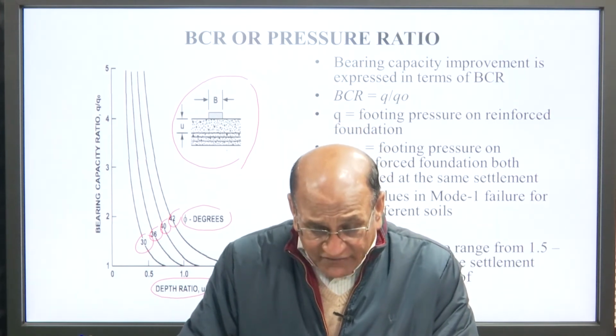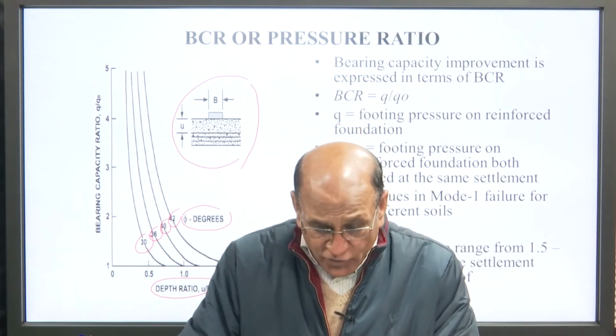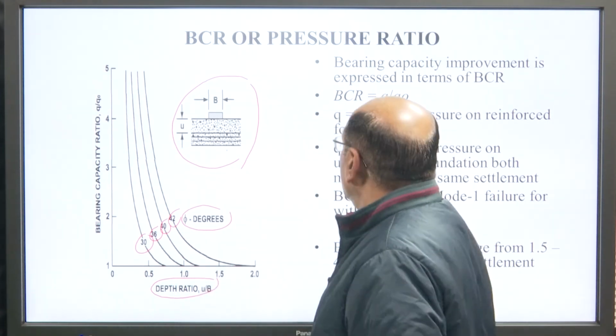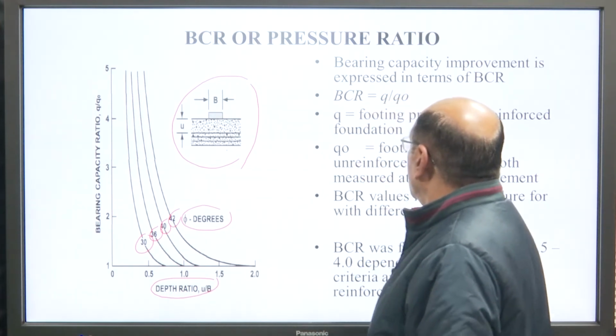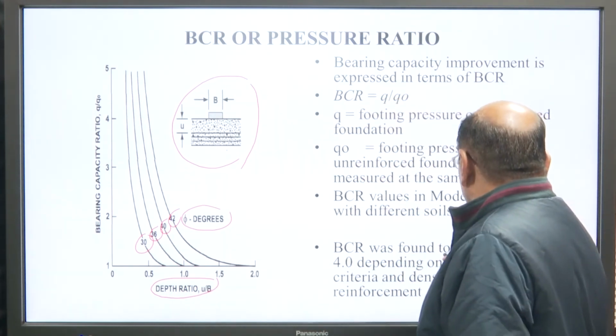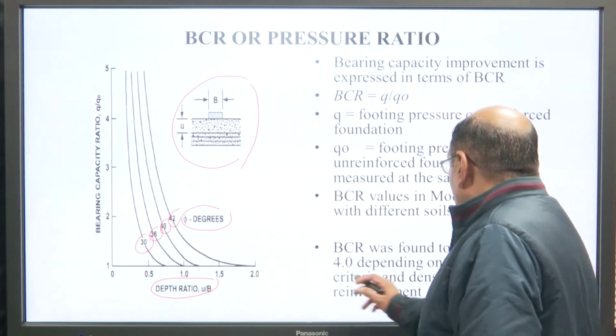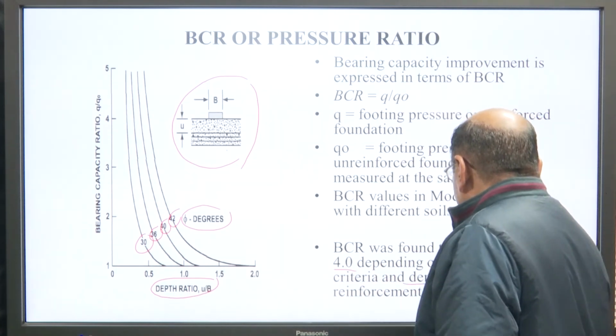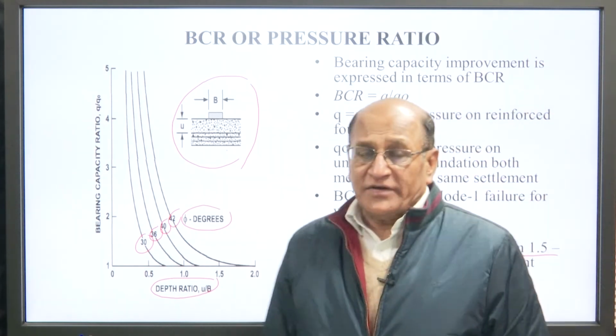So, the BCR value in mode 1 failure for different soils was found in the range of 1.5 to 4 depending on the settlement criteria and density of the reinforcement.